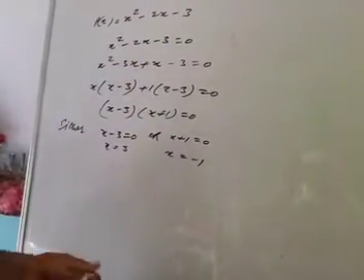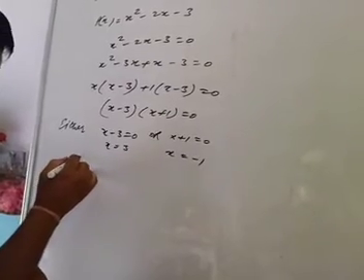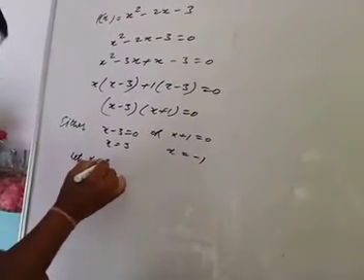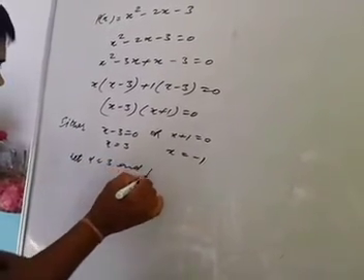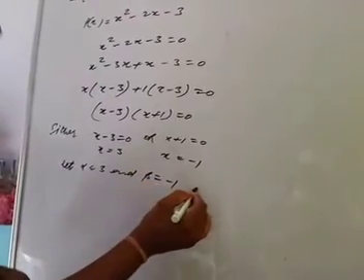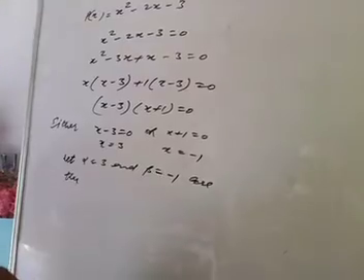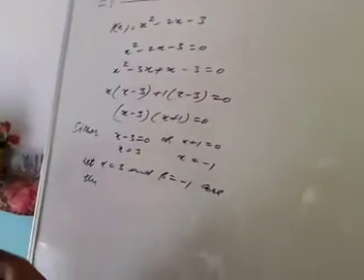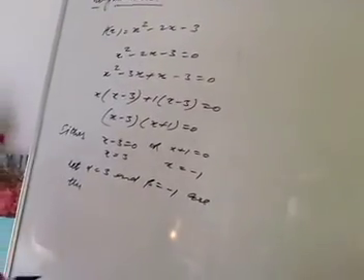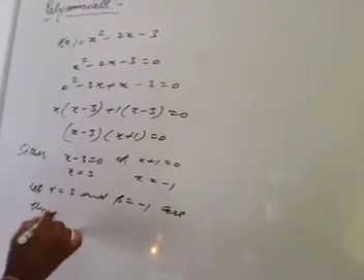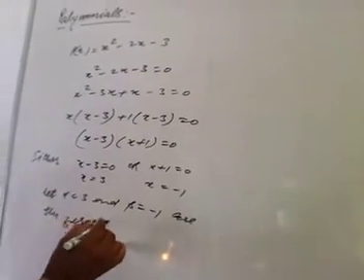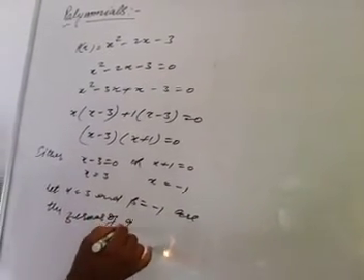So we will let alpha be equal to 3 and beta be minus 1. These are the zeros of the given polynomial.